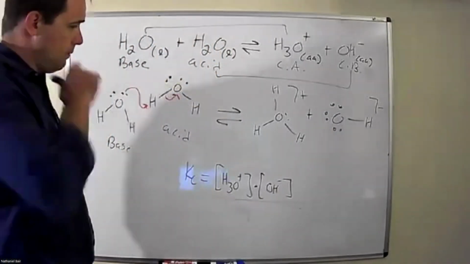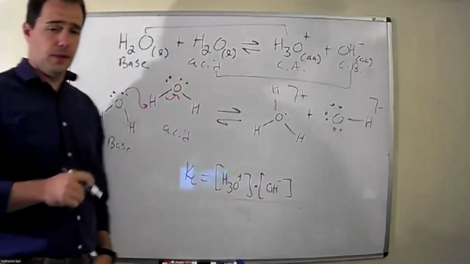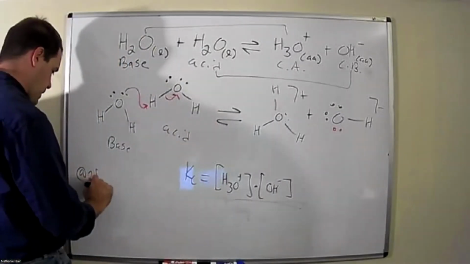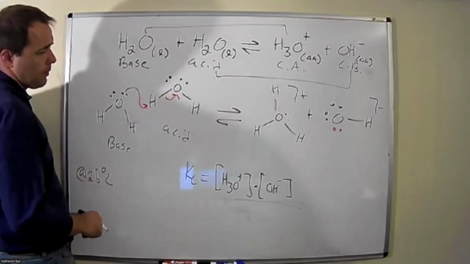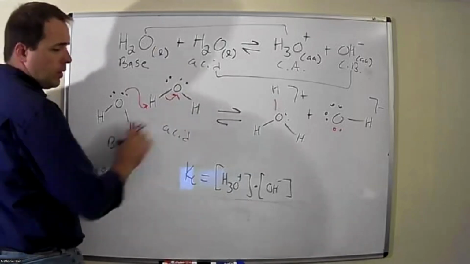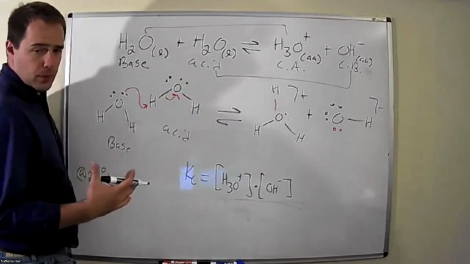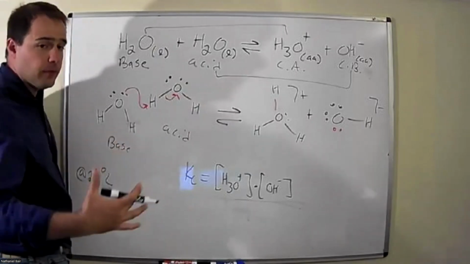Now, at 25 degrees Celsius, how many water molecules in a liter of water do this? Well, the answer is 1 times 10 to the negative 7th.